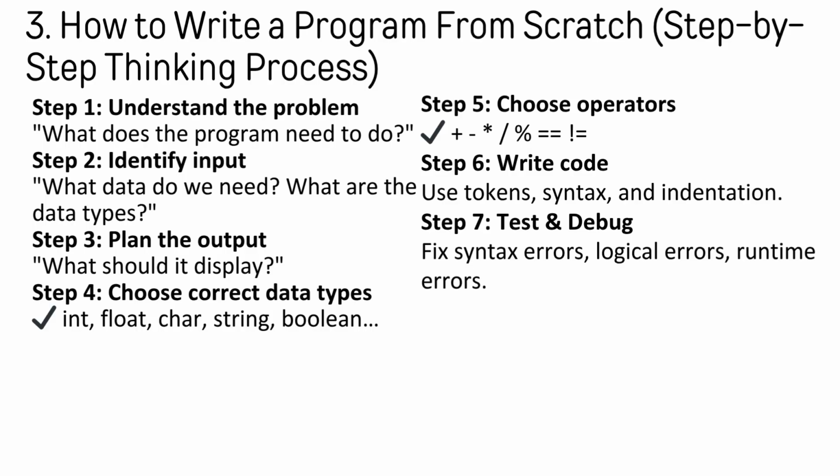After identifying the input, we plan the output. In the input section, we should take care of what data we need and what data types we must use, and accordingly we will plan for the output. That means what it should display as output.